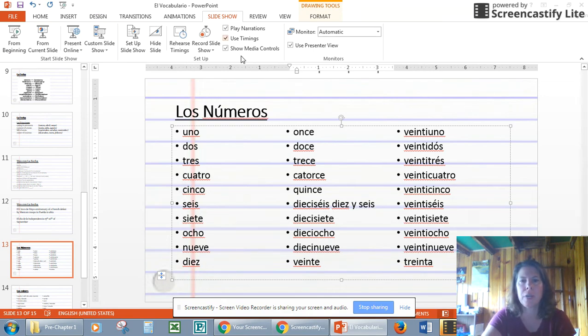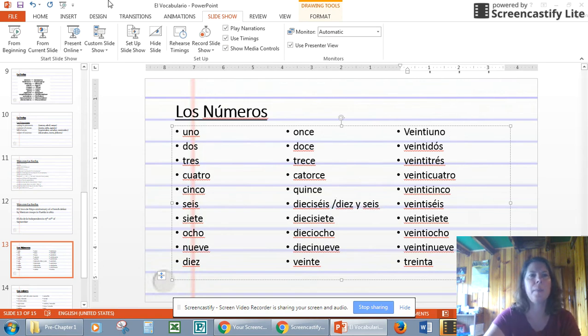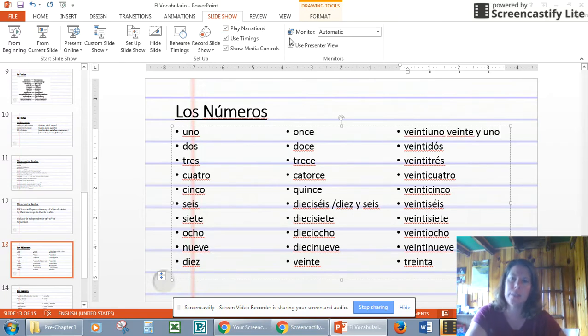So 2 ways to write all of these compound numbers, and the same will be true when we get to veintes. We can write it out with the y, which is and in Spanish. So anyway, it's simple as you're saying it because you're taking 10 and the number 6 here. So that makes 16. It's almost like a little addition problem.